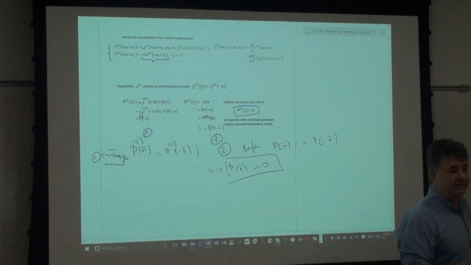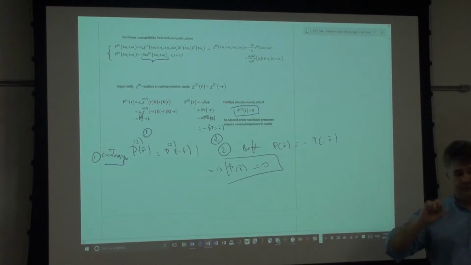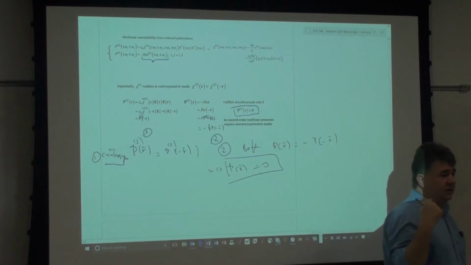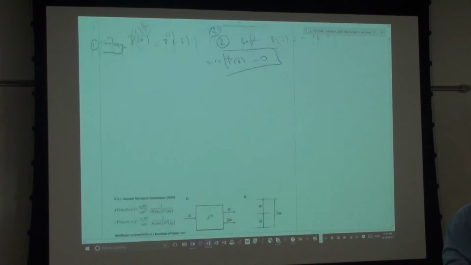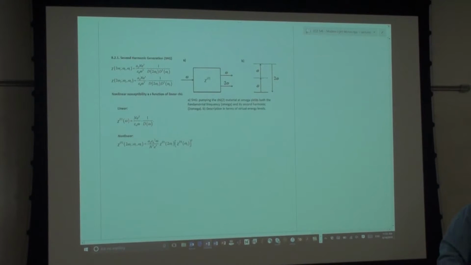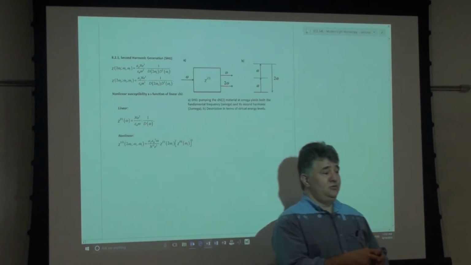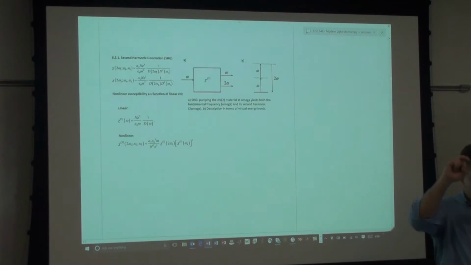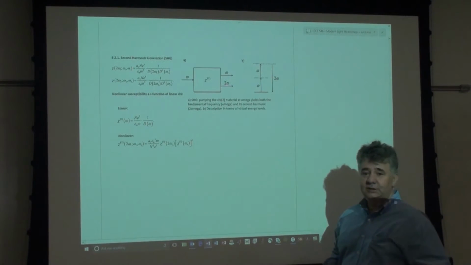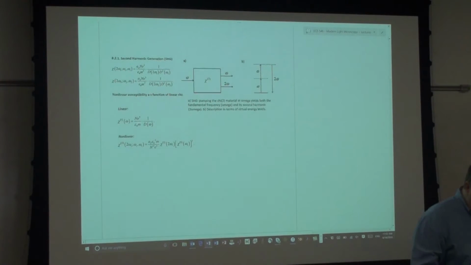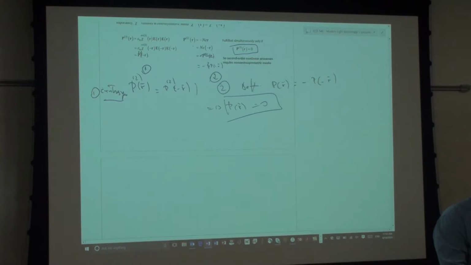Collagen lights up, which is very long filaments in the tissue. It lights up very well in second harmonic. Centrosymmetric structures, like for example cells, nuclei of the cells, spherical organelles, they don't really light up in second harmonic at all. And it's all because of this very simple condition. Yeah?